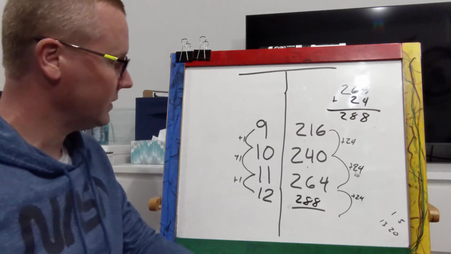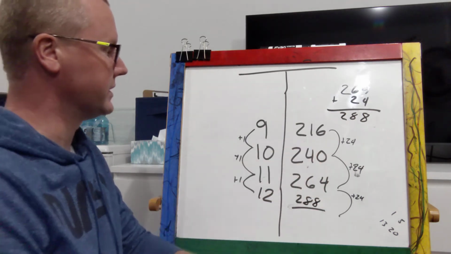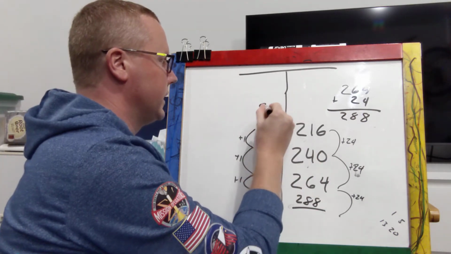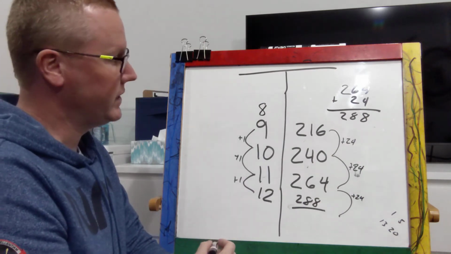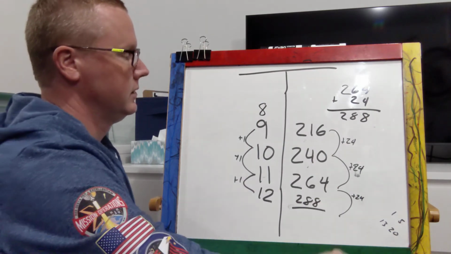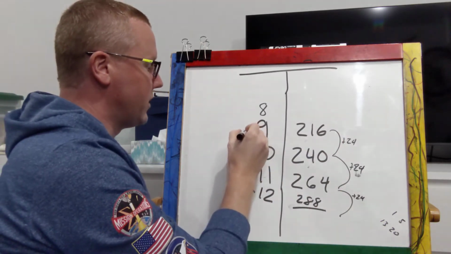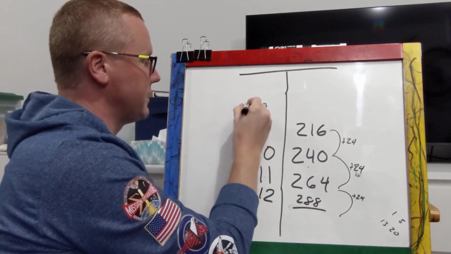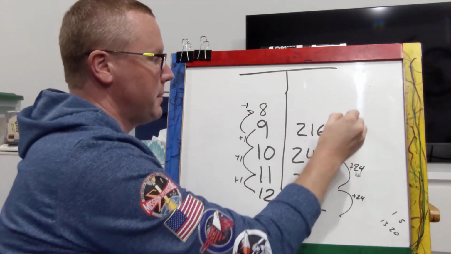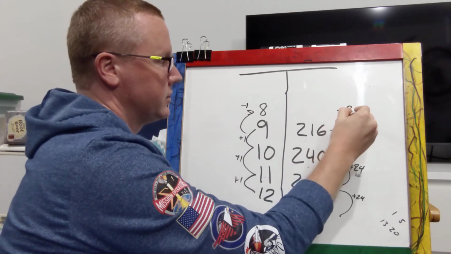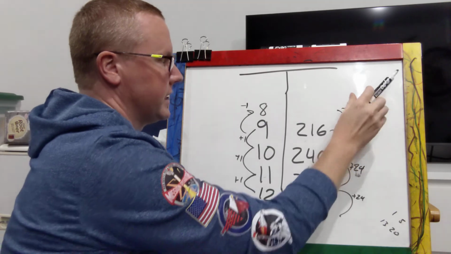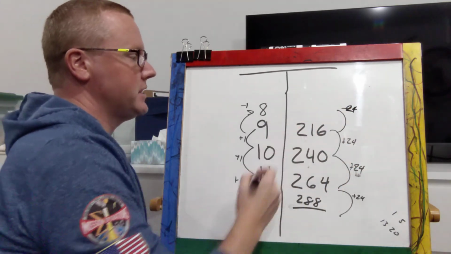288. What if I want to go backwards? I want to go to 8. What do we need to do now? Well, again, you can just subtract. If we're going down one group of 24 here, that's a minus 1 here. That means we need to minus 24 there. Mr. B cannot write tonight. So I'm minus 24.